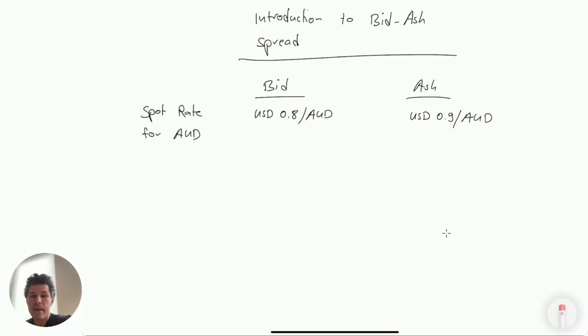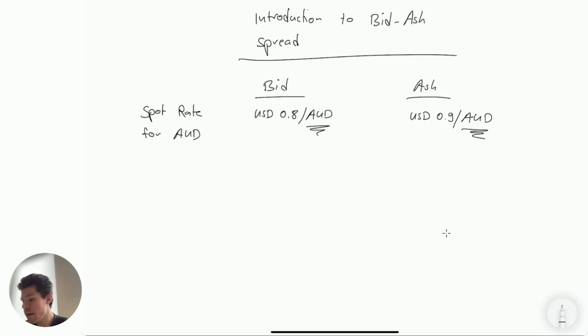So if the market maker is in a buy position and wants to buy a currency from you, it pays the lowest price. And if the market maker, those big banks, try to sell a currency, this is the exchange rate that the market maker is willing to accept to sell the base currency. Again, when we look at bid and ask here, we are looking at the spot rate for AUD.